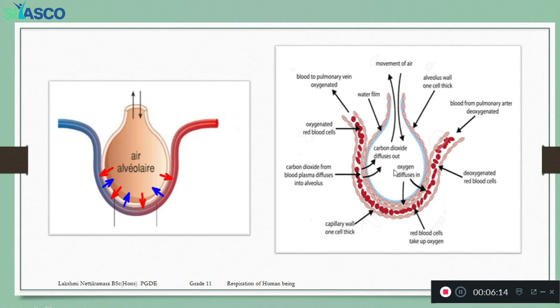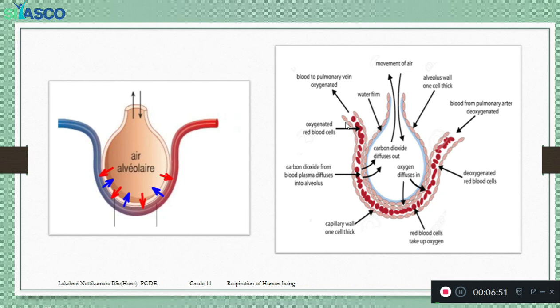So what will happen, this oxygen comes to this air sac, it will dissolve in this moisture in this inner lining. So this oxygen dissolves in this water and diffuses to the blood capillaries as oxyhemoglobin. So you learned oxyhemoglobin is carried to the body cells through blood circulation. This oxygen moves throughout the body through this blood circulatory system.